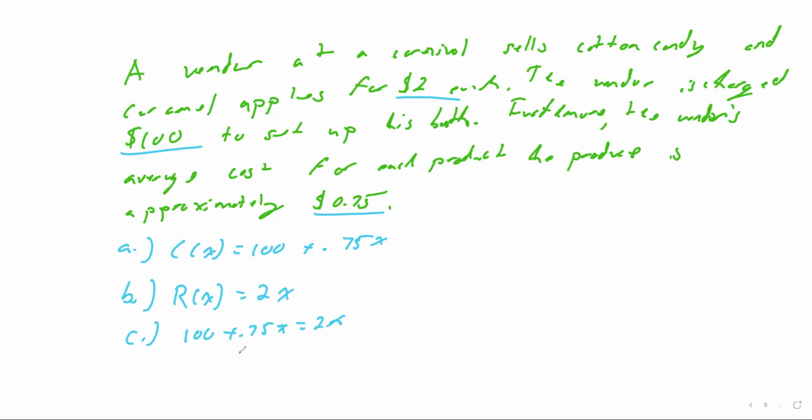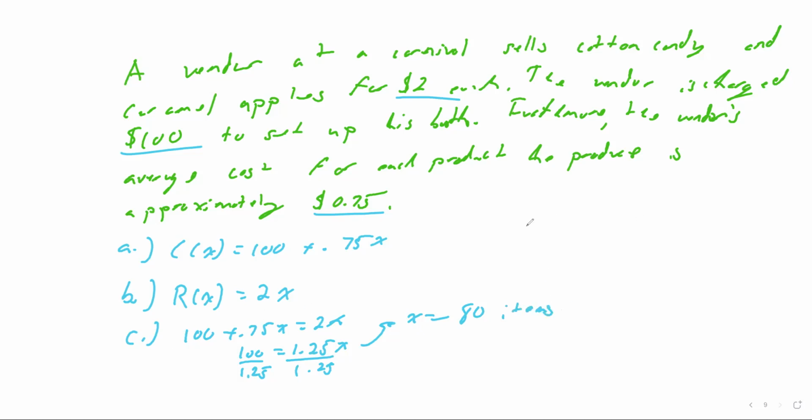We'll subtract the 0.75x and we get 100 equals 1.25x, and then you'll divide by 1.25. And we get x equal to 80. So he must sell 80 items to break even.